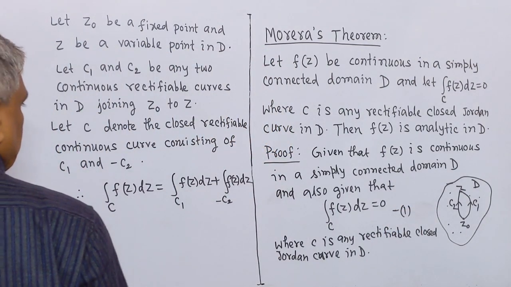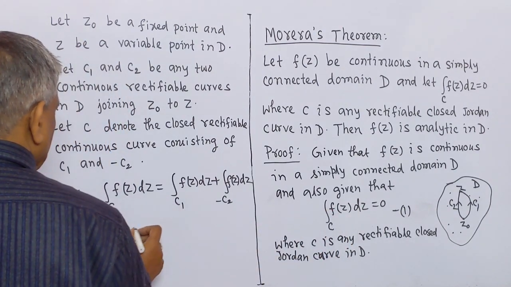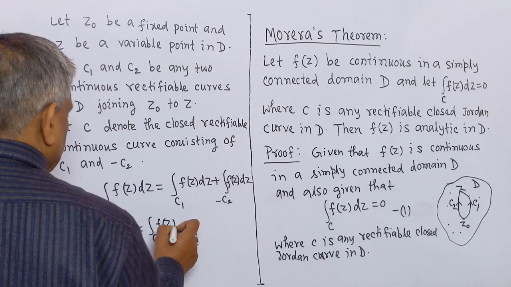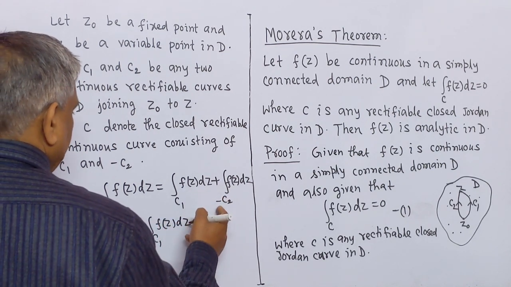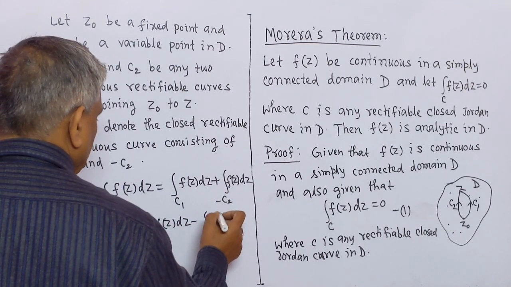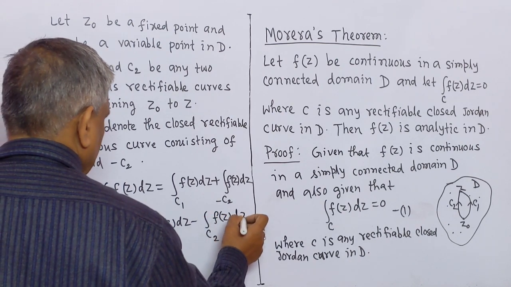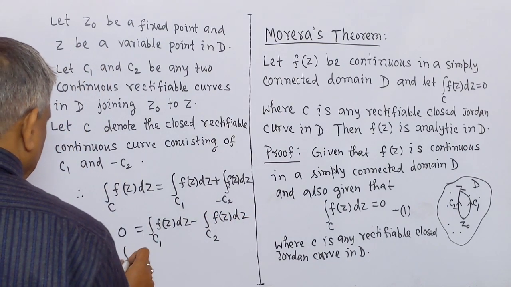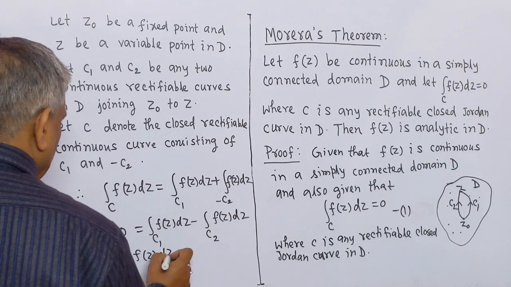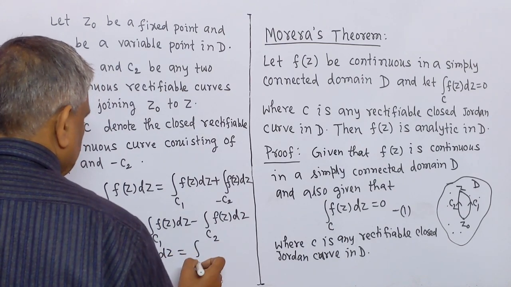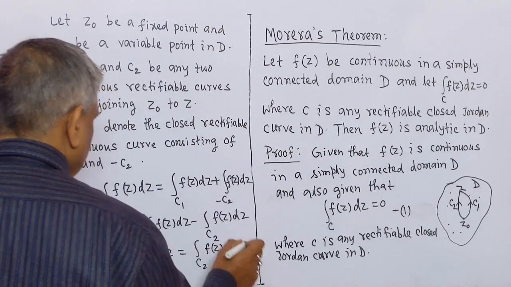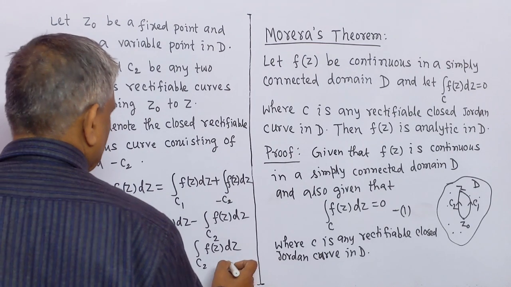It implies from 1 that 0 equals the integration along the curve C1 of f(z) dz. Here we may write this negative sign: minus the integration along C2 of f(z) dz. It implies that the integration along the curve C1 of f(z) dz equals the integration along curve C2 of f(z) dz. Let this be number 2.